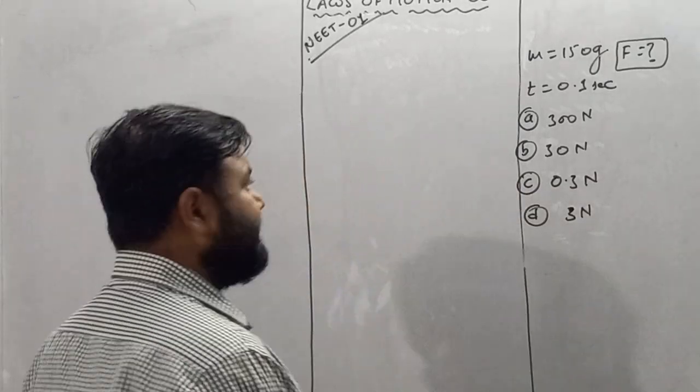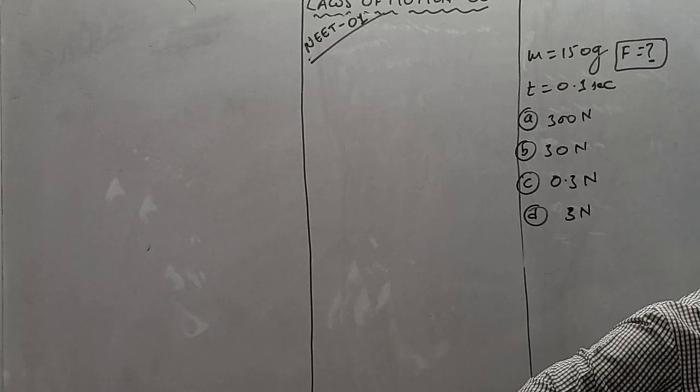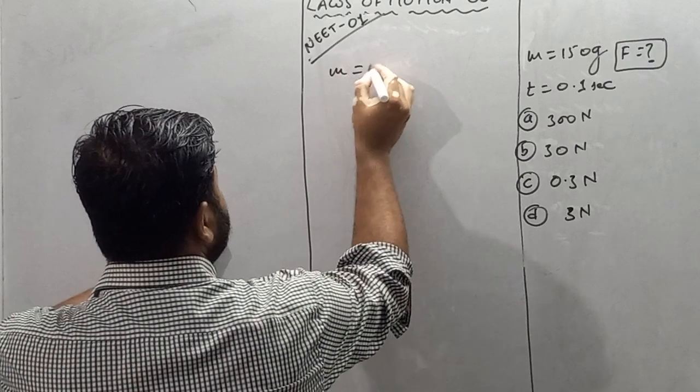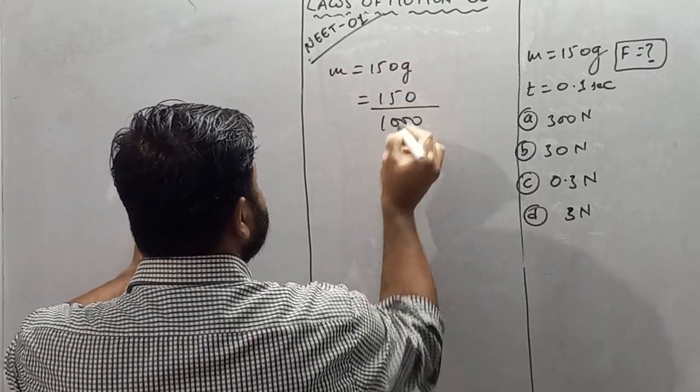So a cricketer is there. I'm repeating the question once again. A cricketer catches a ball of mass 150 gram. So mass is given, my dear student. Mass is 150 gram, so we have to convert it into kg, divide by 1000.